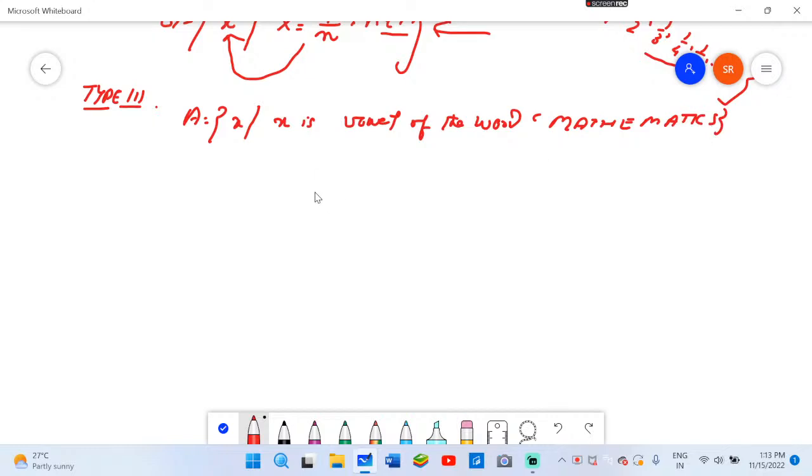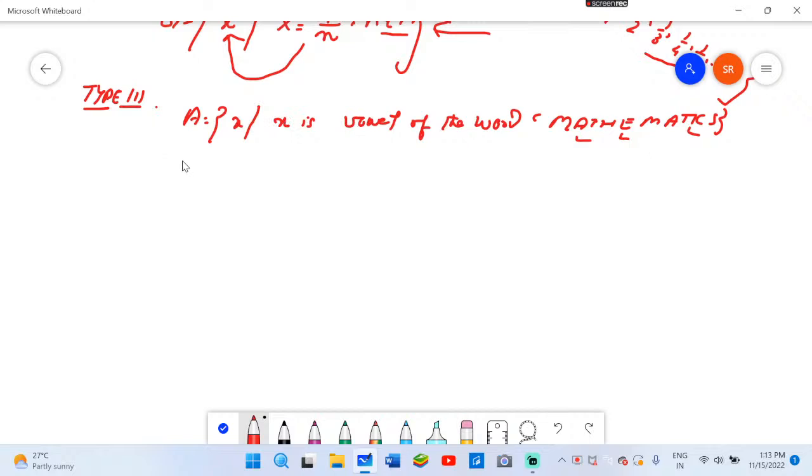Mathematics. So here the vowels used are A, E and I. Of course, A is repeated, but repetition is not allowed.